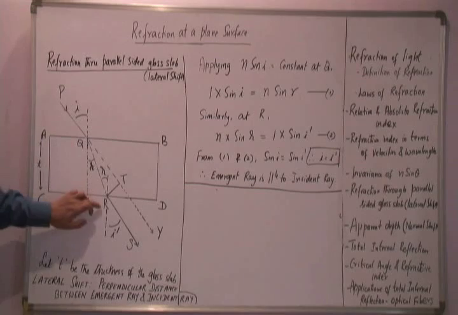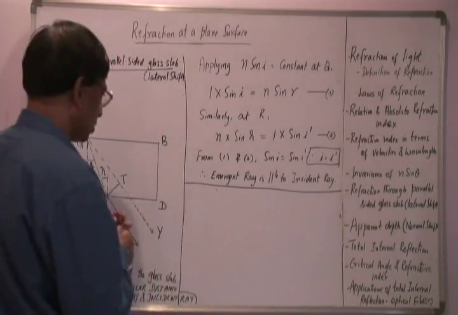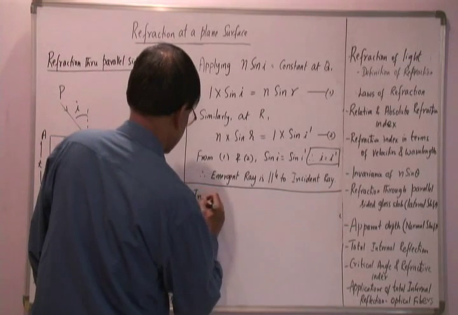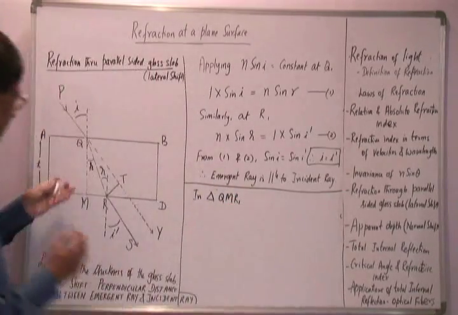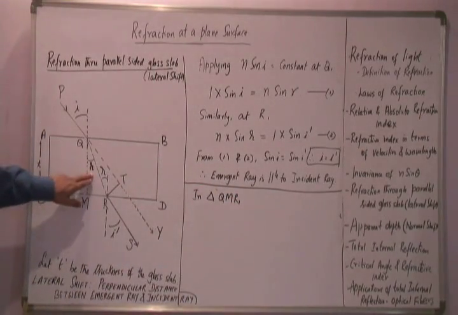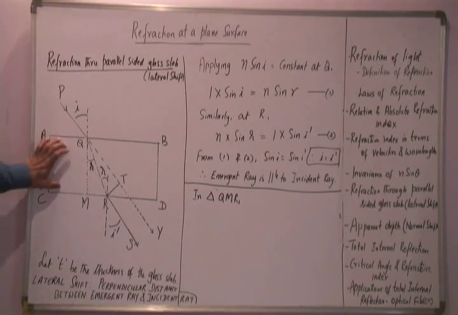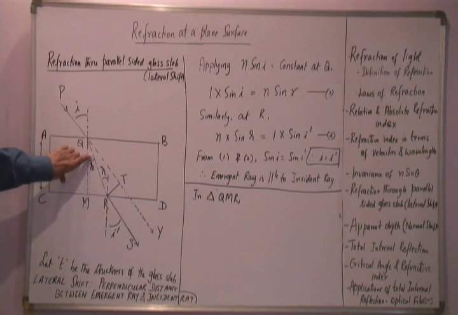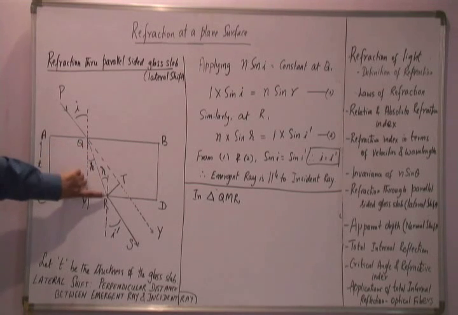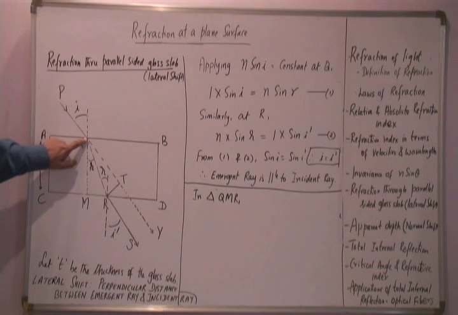To find the value of QR, we consider triangle QMR. In triangle QMR, angle Q is R, and the distance QM is T, the thickness of the slab. So I have the adjacent side and I know the angle. QMR is a right angle triangle, and therefore the hypotenuse QR can be evaluated.